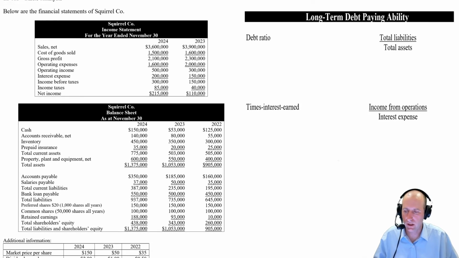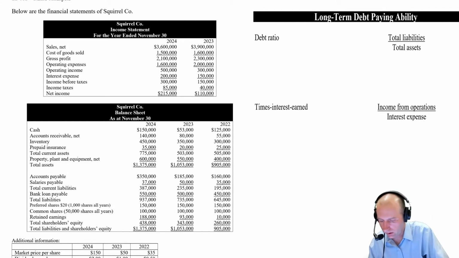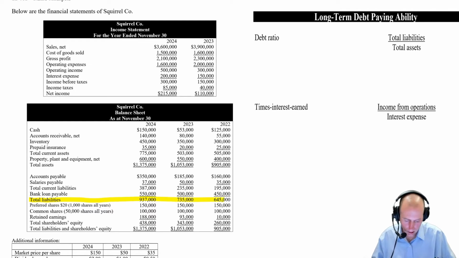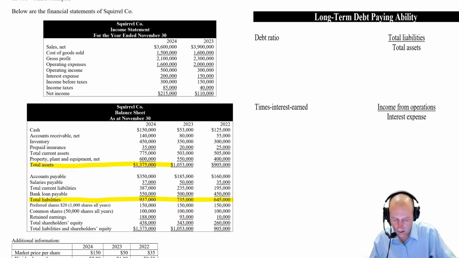Long-term debt paying ability, the debt ratio, total liabilities divided by total assets. Okay, let's highlight what we're looking at here. The total liabilities, the line is right here. The total assets, that line is right here.